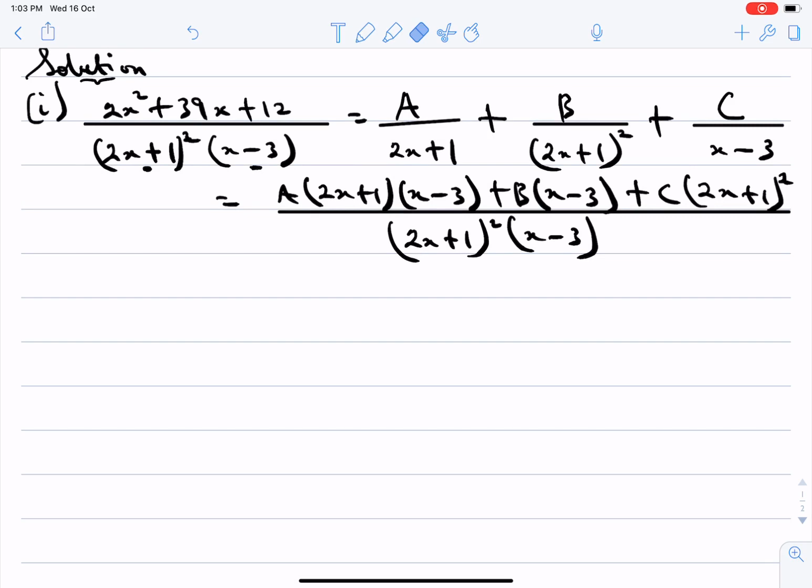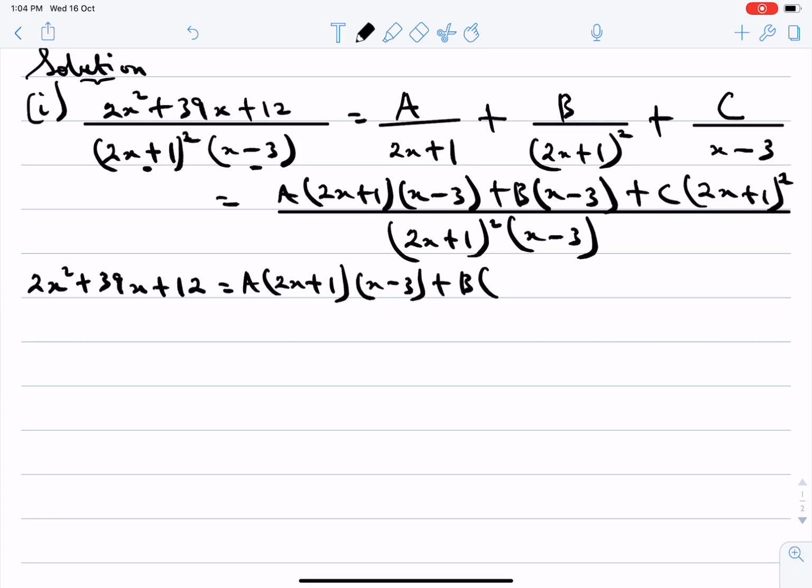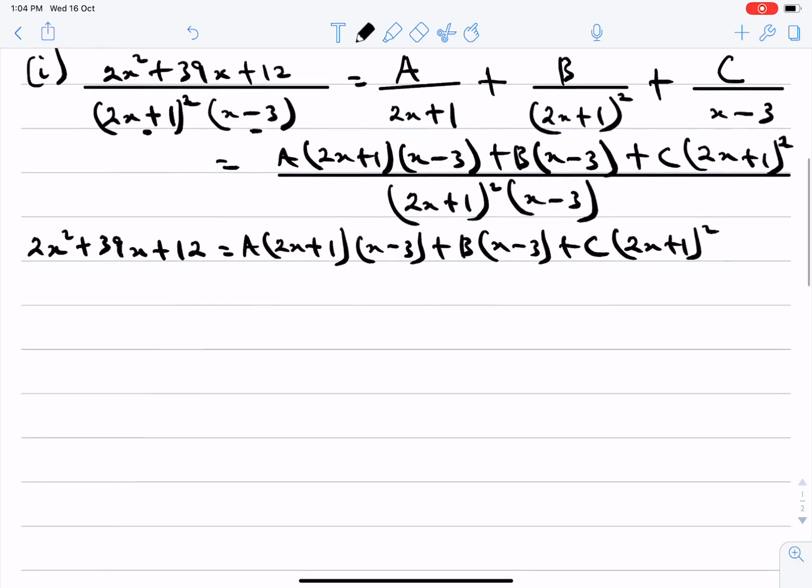So 2x squared plus 39x plus 12 is equal to a times 2x plus 1 times x minus 3 plus b times x minus 3 plus c times 2x plus 1 squared.